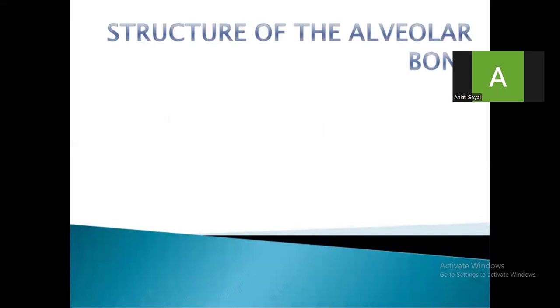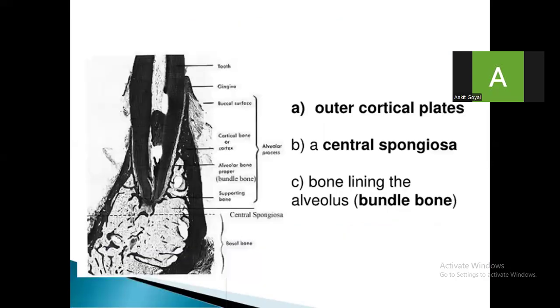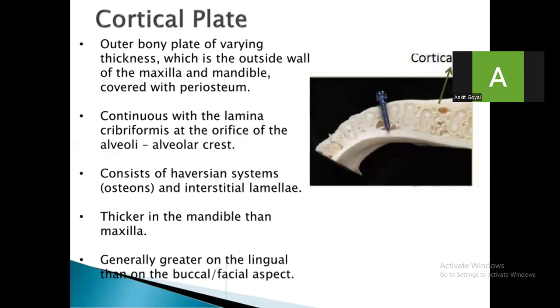The structure of the alveolar bone. The outermost portion is the cortical plate, then a central spongiosa, and the bone lining the alveolus is the bundle bone. The cortical plate is the outer bony plate of varying thickness, which is the outside wall of the maxilla and mandible and is covered with periosteum.